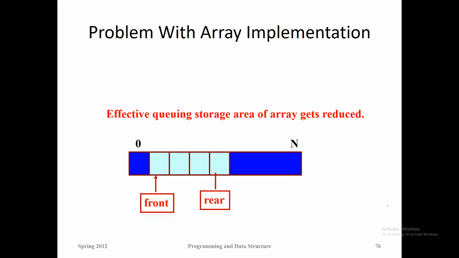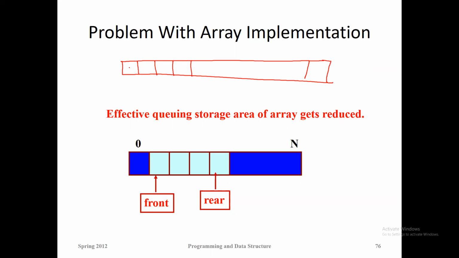Now you think that in a particular moment, a typical scenario, think of a situation where there are 100 elements in the queue.